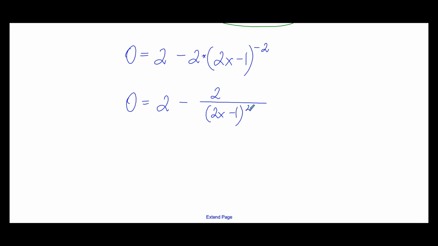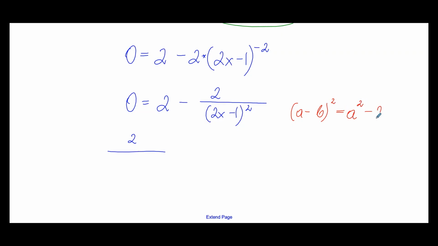Now, how do we solve that? Well, we can move items around. When you are looking at any equation and you're not sure what to do, always remember you can move items around. Especially in this case, because we have 0 here, so let's move our negative fraction to the other side of the equation.